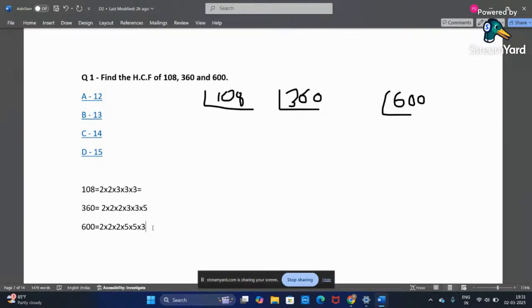After finding the prime factors, what are the common factors in this? 2 into 2, right? See here, this 2, again this 2, and what is common here? And 3.